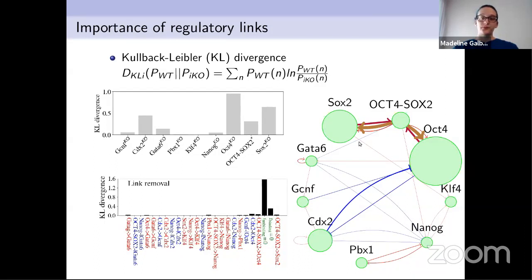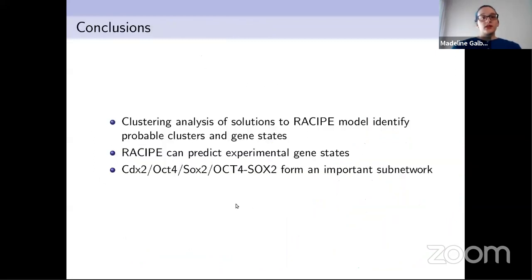And so you see that SOX2, the protein-bound complex, OCT4, and then CDX2 are all very important within this network. In conclusion, RACIPE can identify many different clusters and gene states, and even predict experimental states. And from these results, we can say that CDX2, OCT4, SOX2, and the complex form a very important subnetwork.